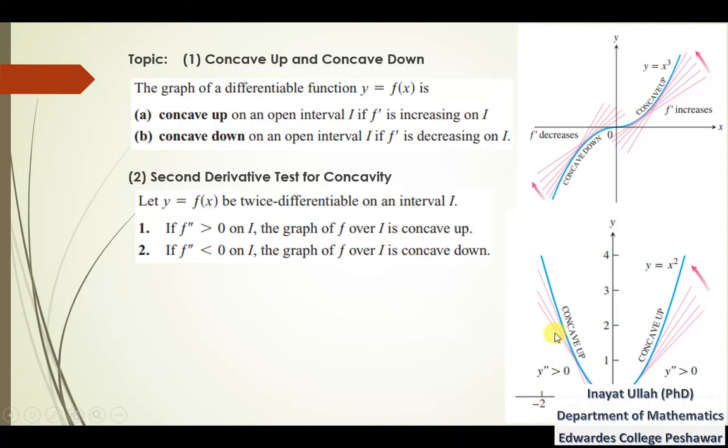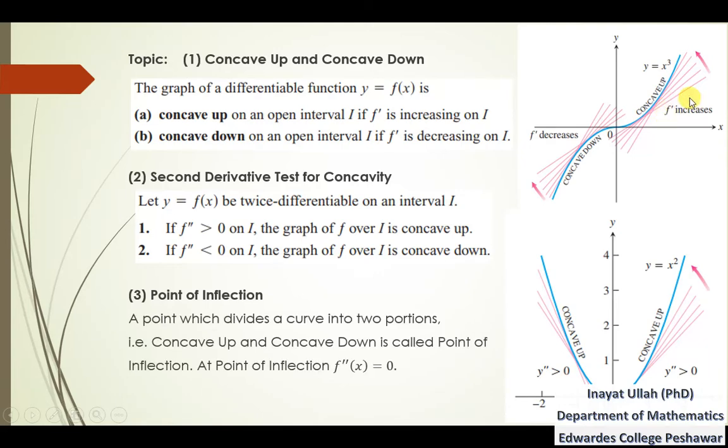In this case, we see that f prime is increasing because this is a concave up portion, and in a concave up portion f prime is an increasing function. So whenever f prime is increasing, its derivative will be greater than 0. The derivative of this f prime will be greater than 0.